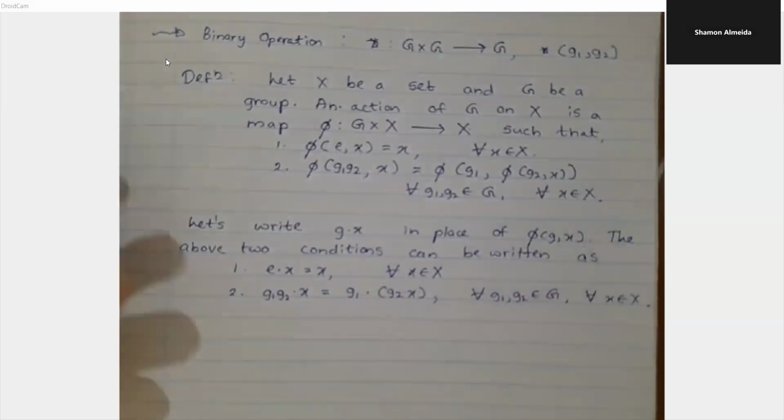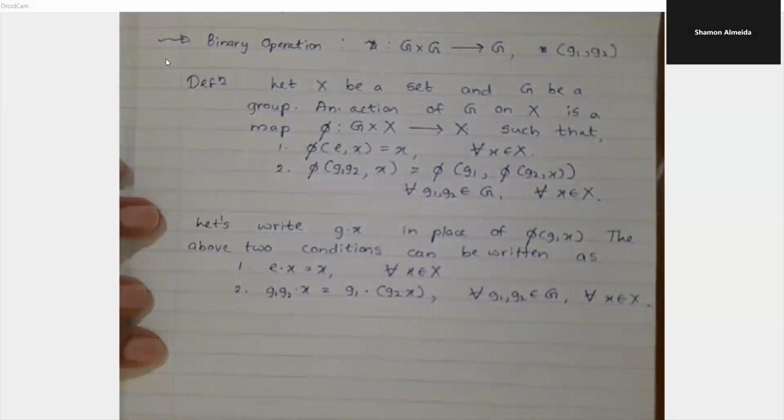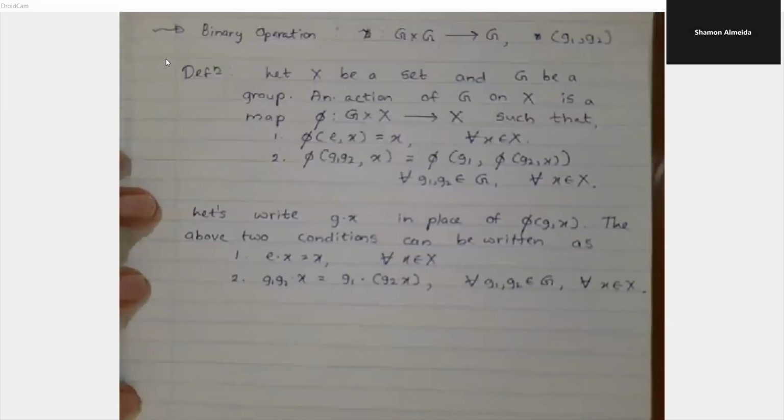Okay, now if all these conditions are met, then we say that this X is a G set, or we say that G is a group acting on a set X. So let me write this also.